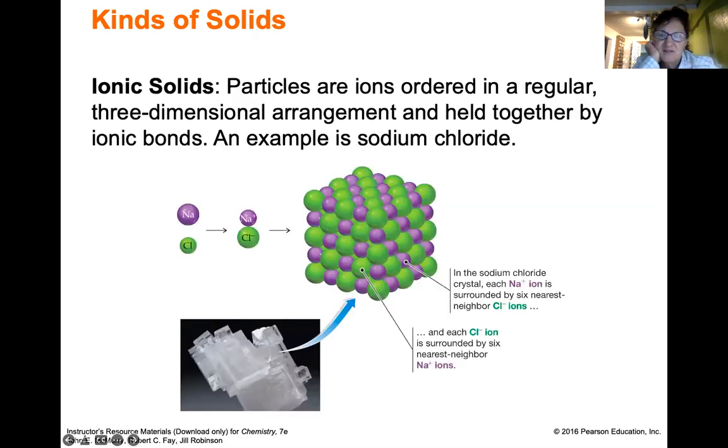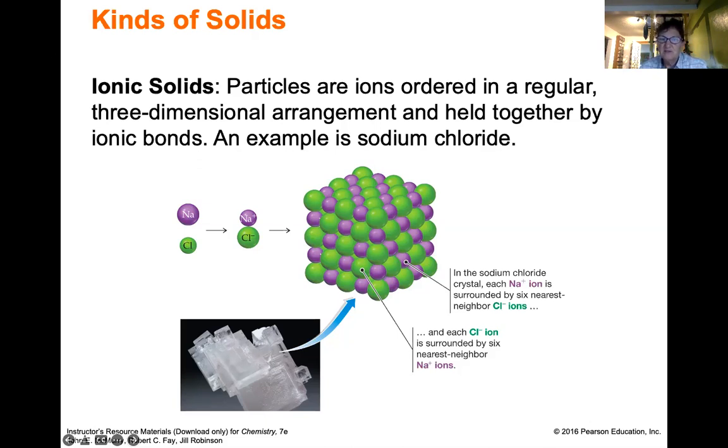Ionic solids, this is the only slide we're going to look at for ionic solids. But if you look at it there'll be a few things you can understand. Number one, there are tons of bonds between cations and anions in a crystal. So it's not just a molecule of sodium chloride, it's a huge crystal where a sodium sees a chloride, which sees another sodium in this big pack.